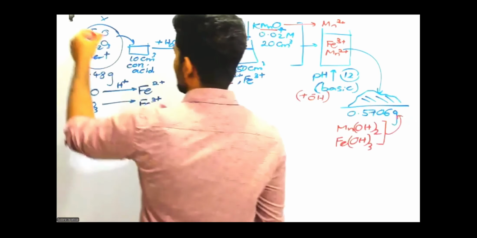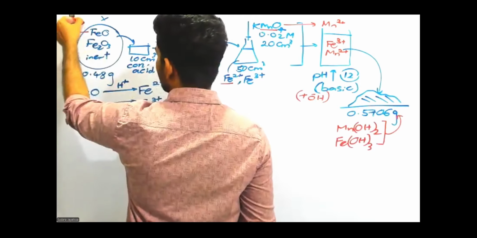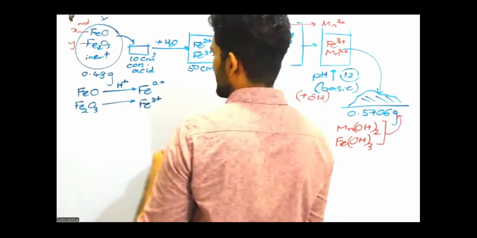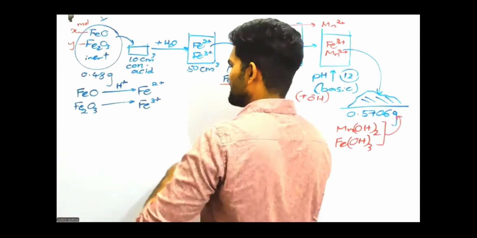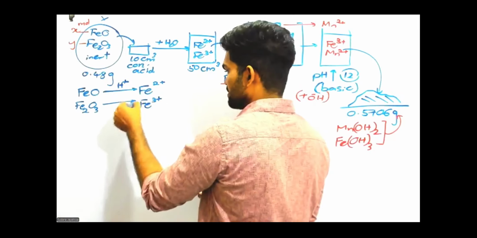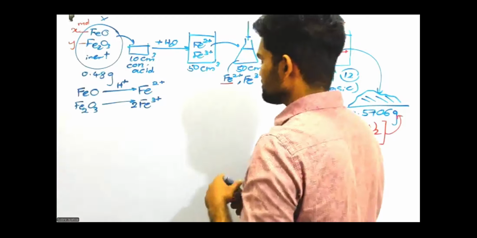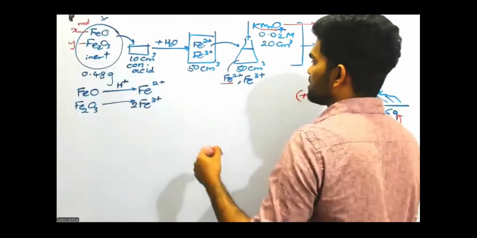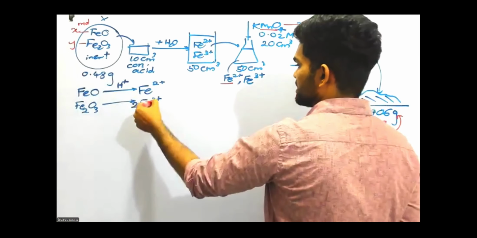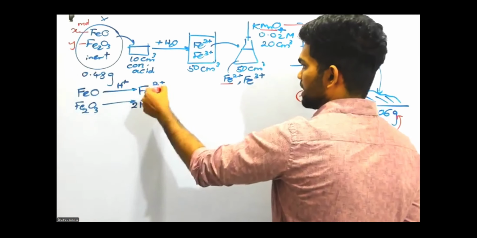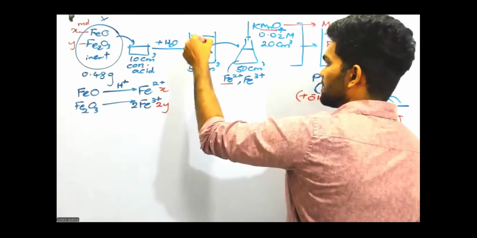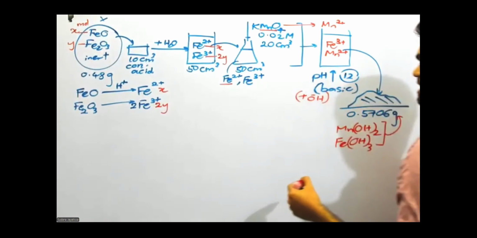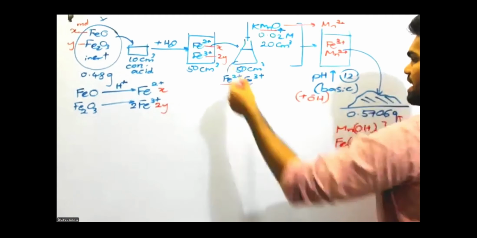So let's say the number of moles of this one is X and the number of moles of this one is Y. If they are dissolved in dilute or concentrated acid, it will give you 2Fe3 plus. So here you have 2Y, here you have X. That means you have X and 2Y. Then X and 2Y are reacting with KMnO4.